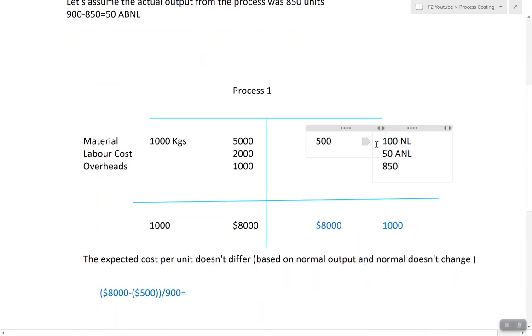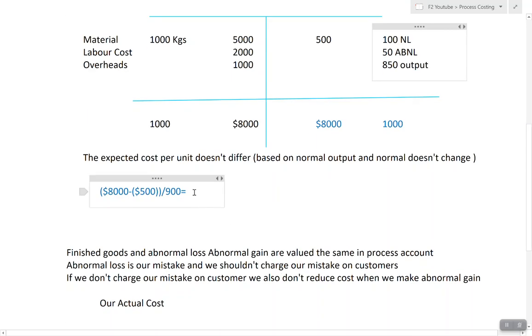Now how do we value normal loss, abnormal loss and output? The same as normal units. 8.33 multiplied by 50, it means, if I round it off, about 417.